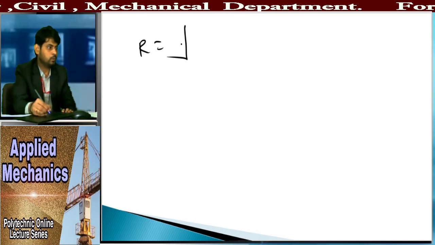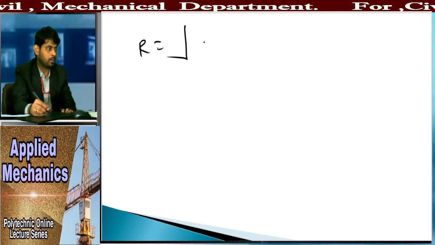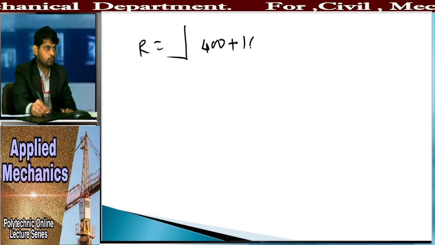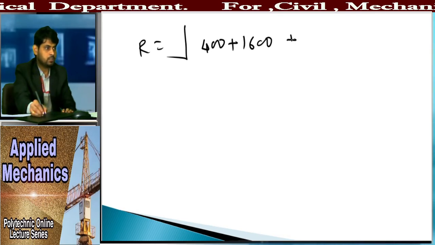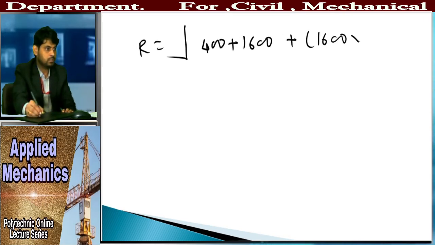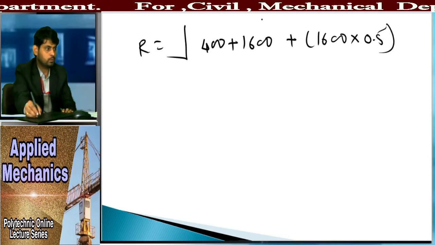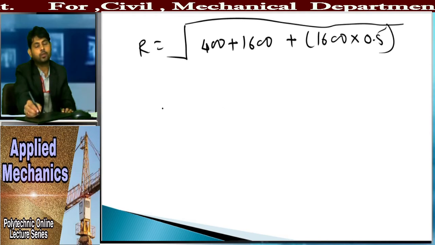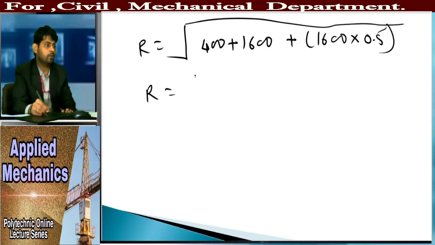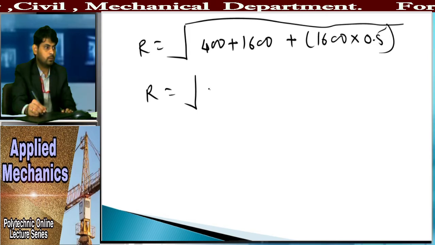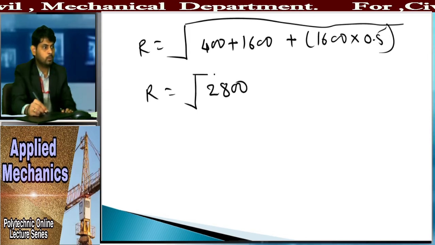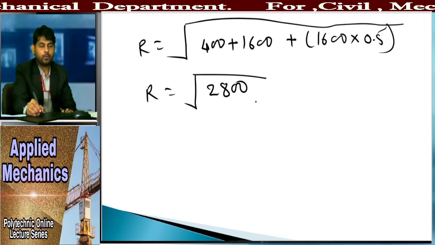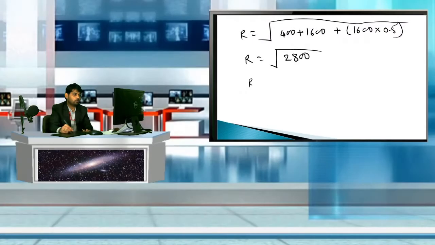So R is equal to 400 plus 1600 plus 1600 into 0.5. Do the calculation of this whole term on your calculator. You will get the value of R like this, 2800, right? After that, take the square root of 2800, then you will get the value of R.